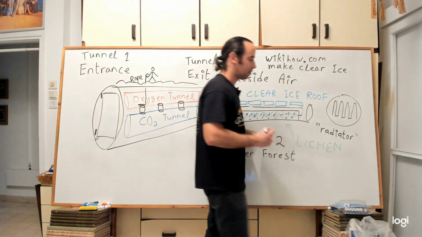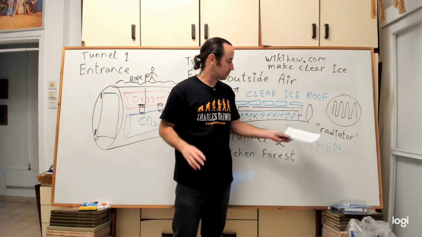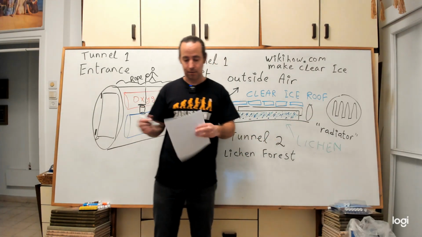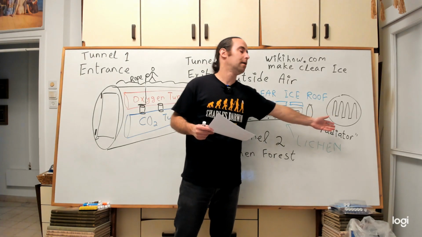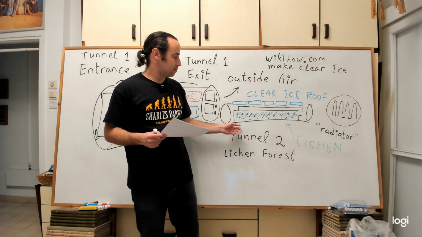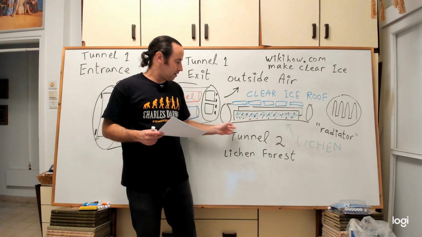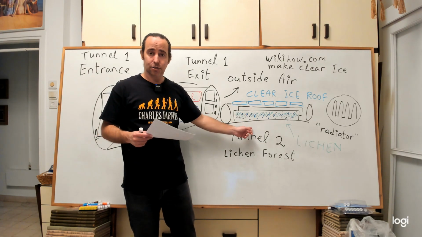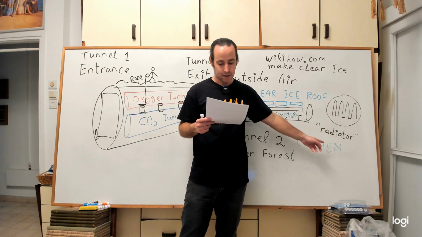And it needs a lot of surface area, so it's the same reason as for the radiator. The radiator needs to cool something down, the car, and this needs to ventilate, give air to all the lichen, but it's similar.